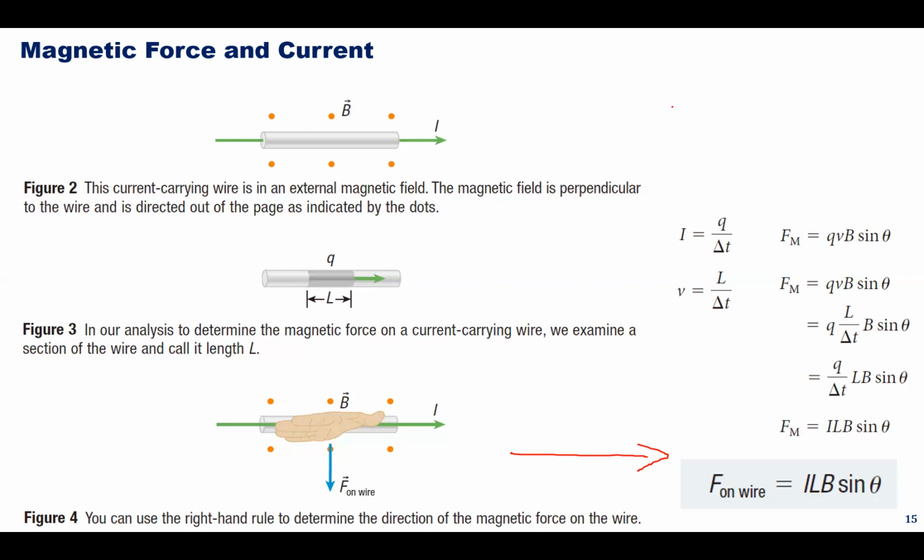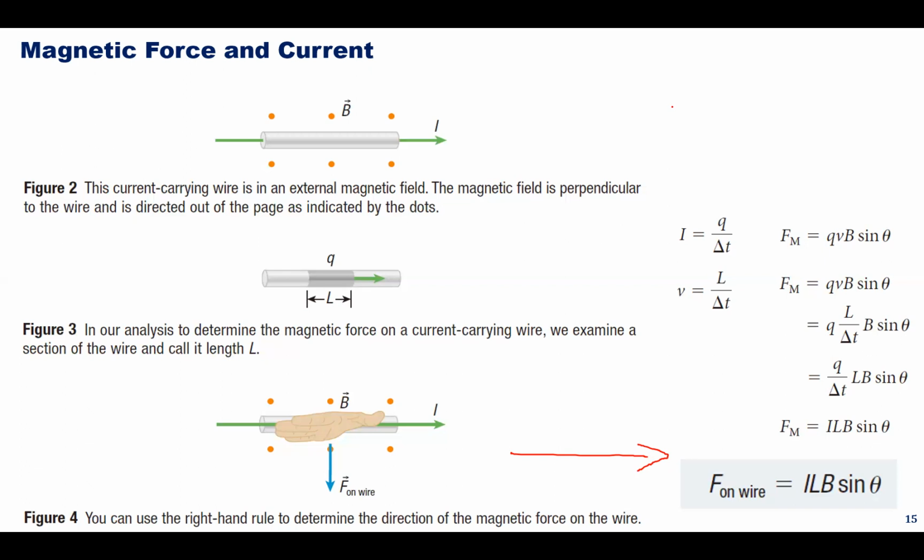So here, figure 4 shows how to use the right-hand rule to determine the direction of F on wire. Begin with your fingers of your right hand in the direction of the magnetic field and point your thumb in the direction of the current. Then your palm points in the direction of the force on the wire. The external magnetic field pulls this wire downward as long as the current is directed to the right.